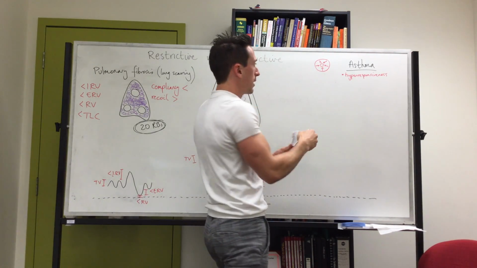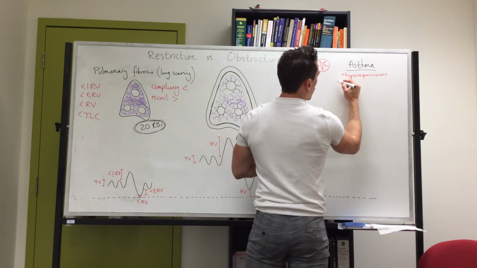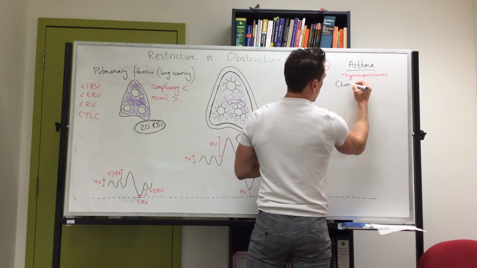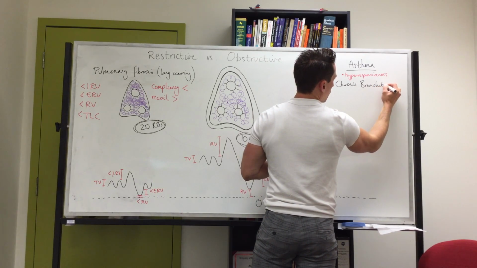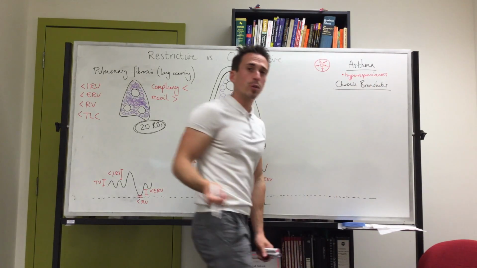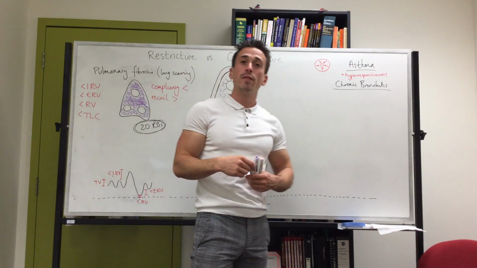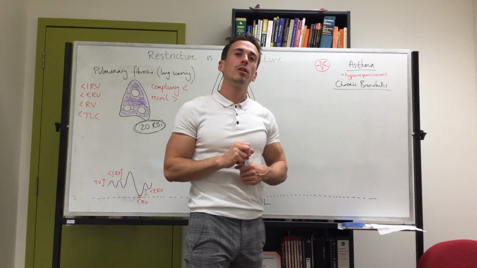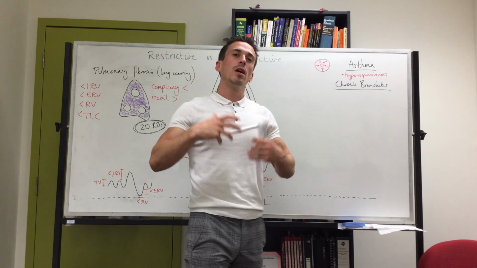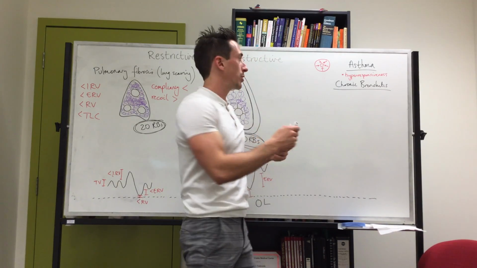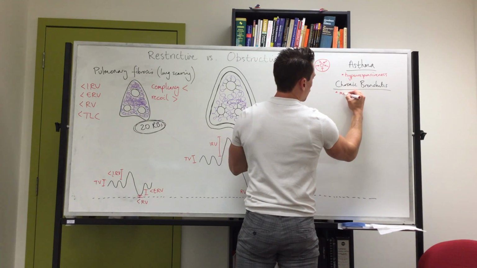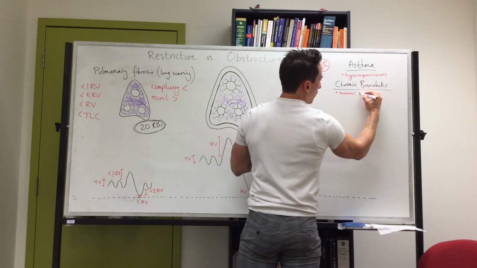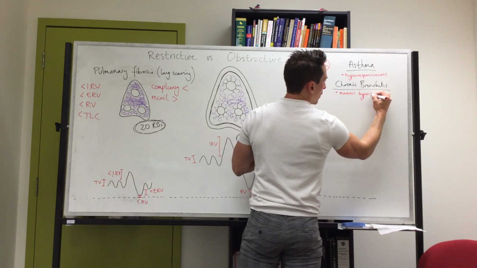Another common type is chronic bronchitis. And in chronic bronchitis, you have some sort of chronic irritation that causes mucus hypersecretion. So what does that mean?